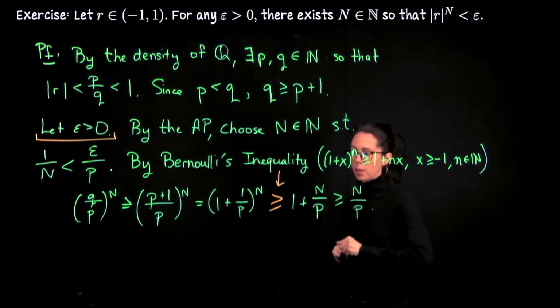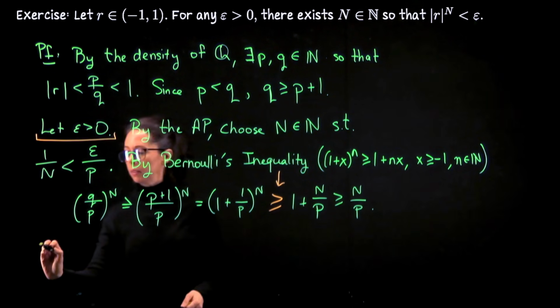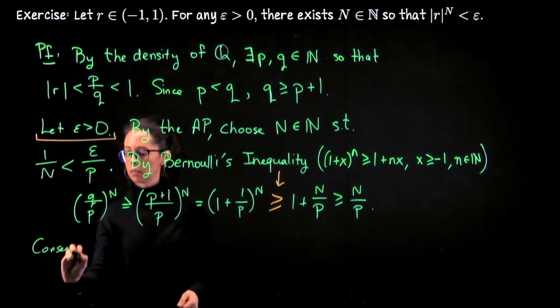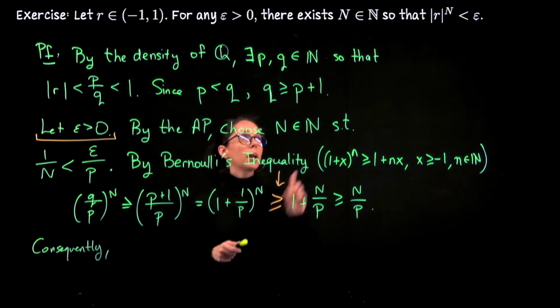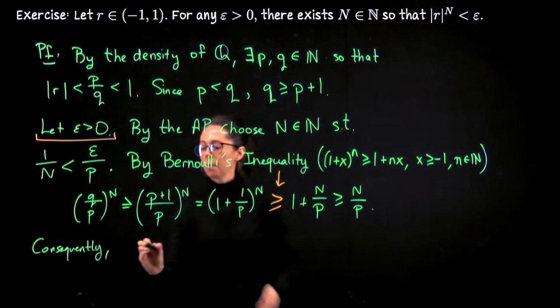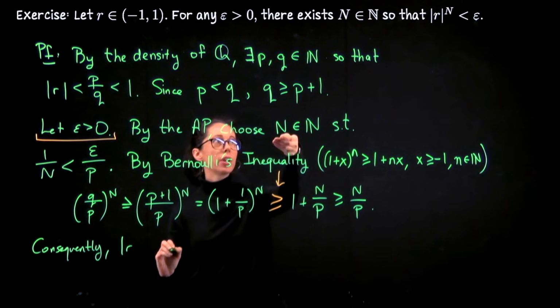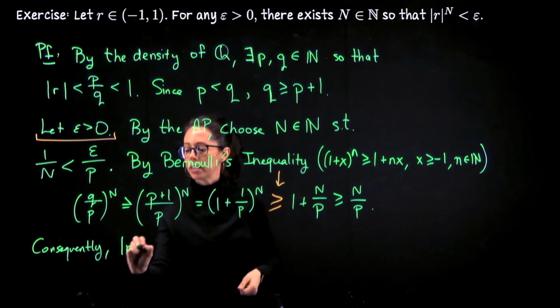Okay, so that is something about q over p raised to the n, but now let's go the other direction. Consequently, going back to what I'm actually interested in, it's the size of this number r raised to the capital N power, where n is what I've chosen. So this is like an existence about capital N here. I've chosen the n that we are interested in.